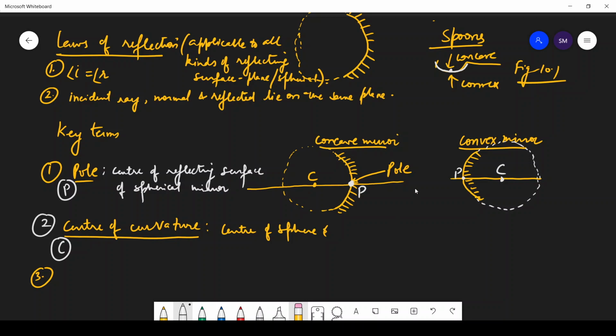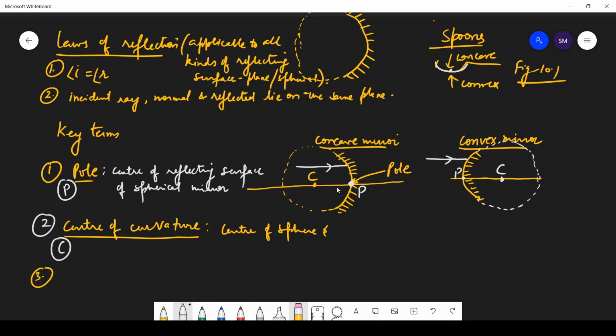So students, see that light will come from this side, light ray. Here also light comes from this side, because here is your reflecting surface. So here the reflecting surface is convex, here the reflecting surface is concave.